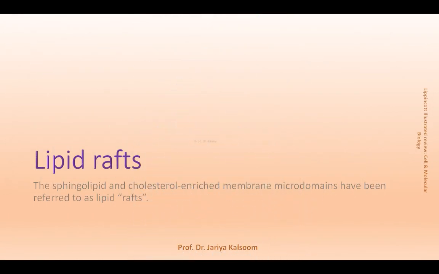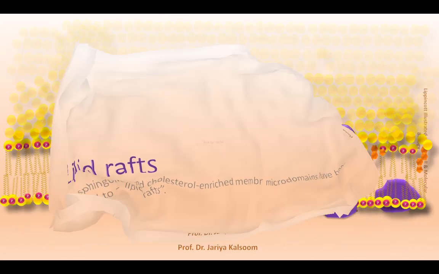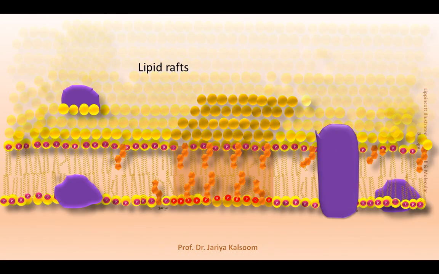Lipid rafts are formed by membrane glycosphingolipids, cholesterol, and GPI anchored proteins. These laterally mobile microdomains of the plasma membrane regulate signaling and trafficking functions of the membrane.